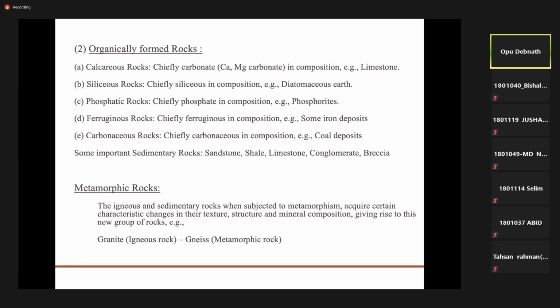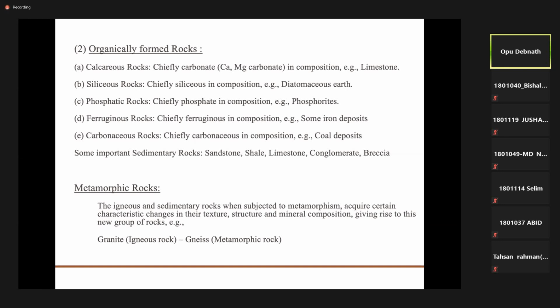We will also discuss metamorphism, and what the agents of metamorphism are. This requires a certain characteristic change, that means their texture, structure, mineral composition, etc. will be changed. Due to metamorphism, the igneous or sedimentary rocks change their shape, structure, mineral composition, etc., and then we call them metamorphic rock.